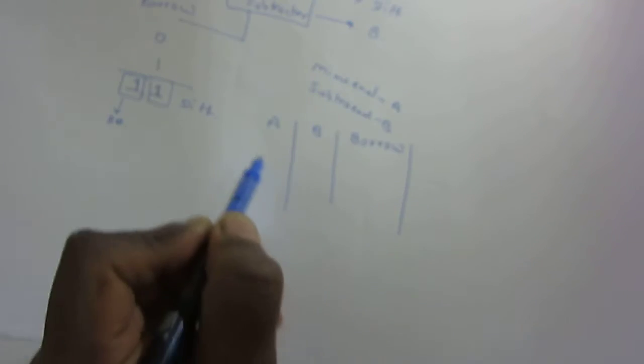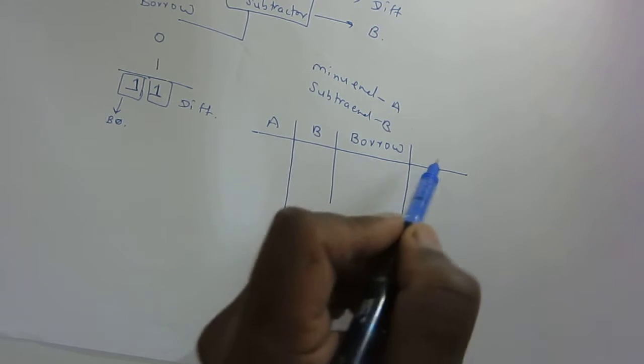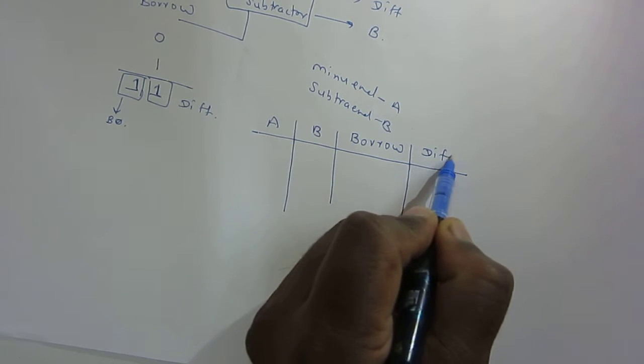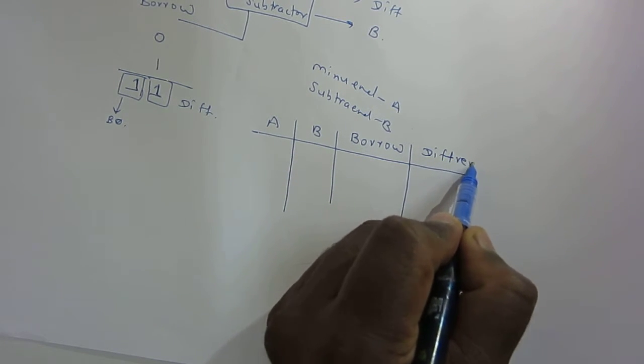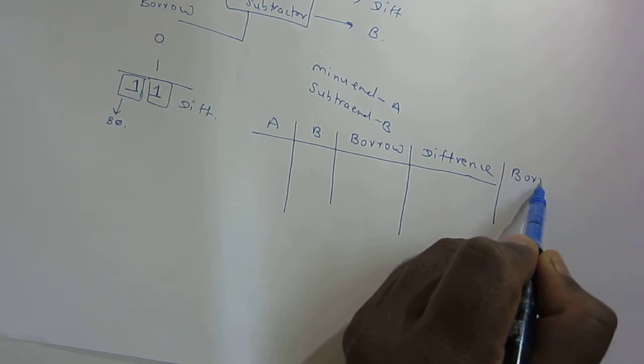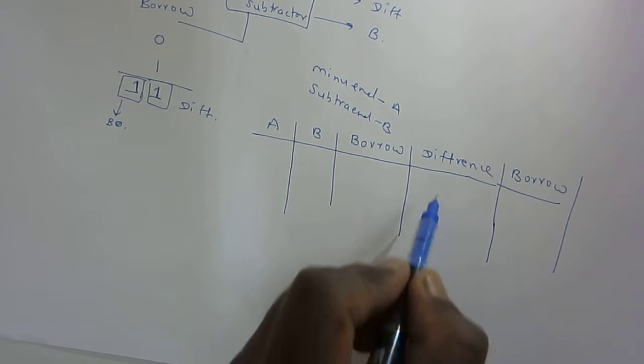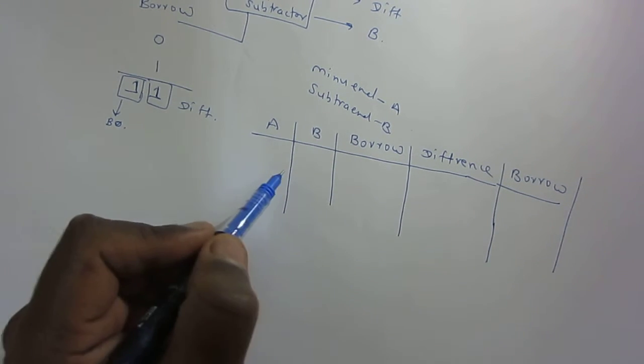If we try to plot the truth table, there will be a difference column and the other one will be the borrow. The outputs of the full subtractor will be the difference and the borrow.